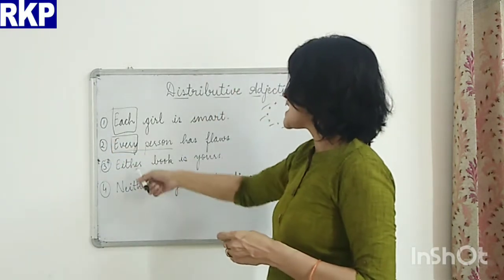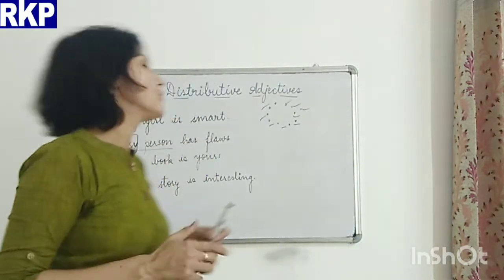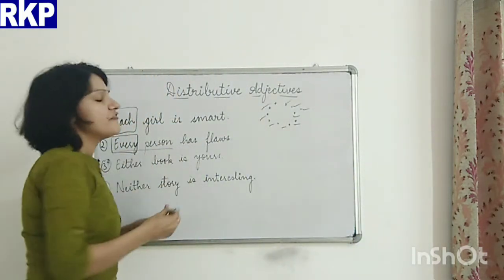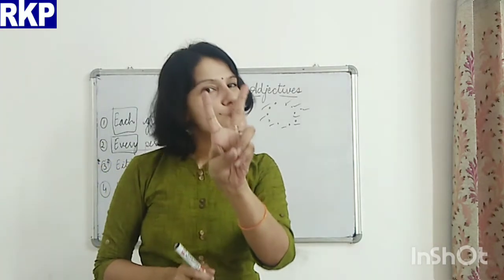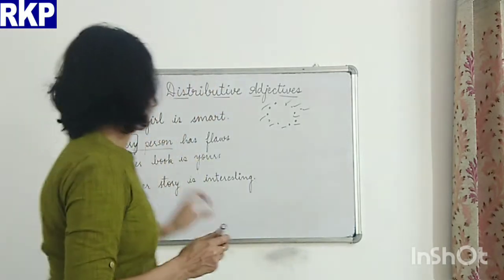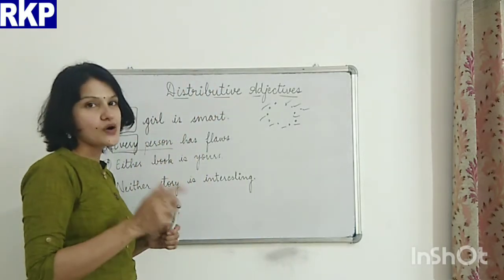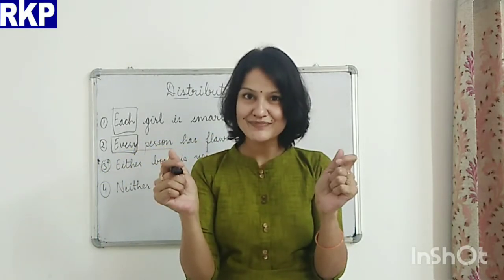Now next one is either book is yours. Now suppose when we use either and neither, there has to be two things, okay? Two things only. Now when I say either book is yours, that means I have two books in my hand, alright?